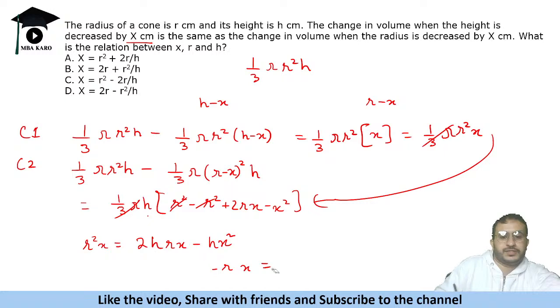ठीक है. तो x सब में कॉमन आ गया. सो r square is equal to 2hr minus hx.